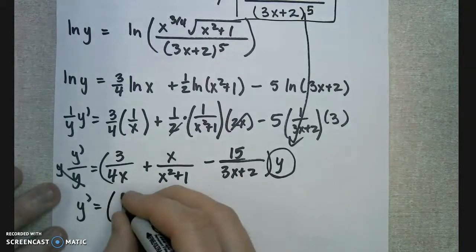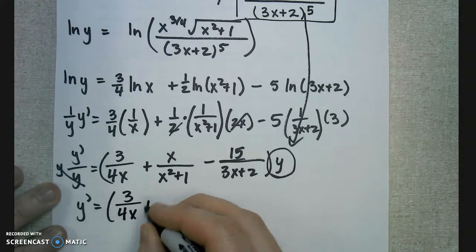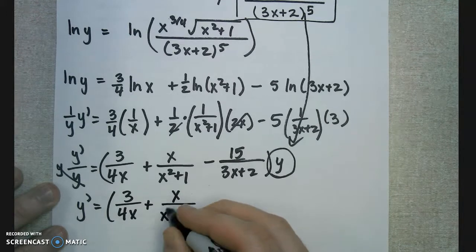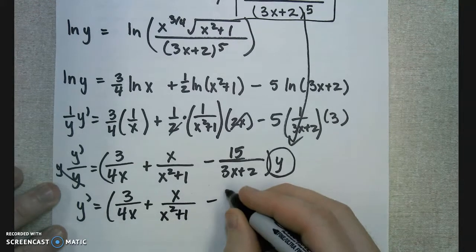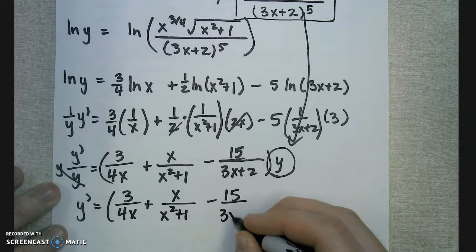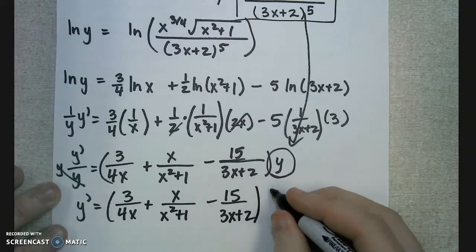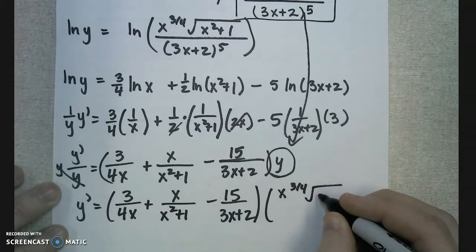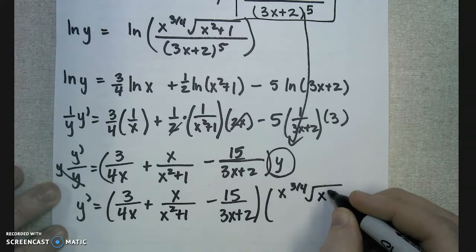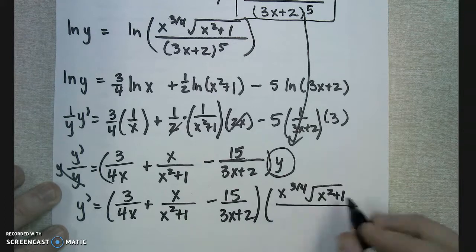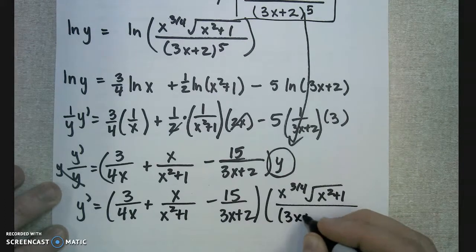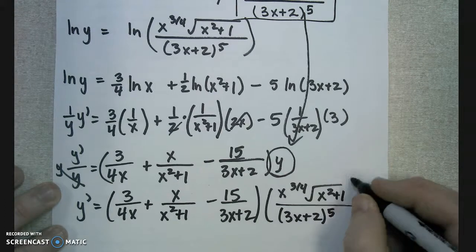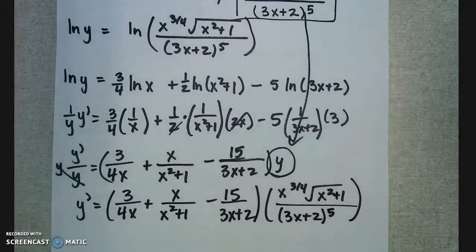So I've got 3 over 4x plus x over x squared plus 1 minus 15 over 3x plus 2 times the original function, which is the y, x to the 3/4 times square root of x squared plus 1 over 3x plus 2 to the 5th. And that is as simplified as I would take it.